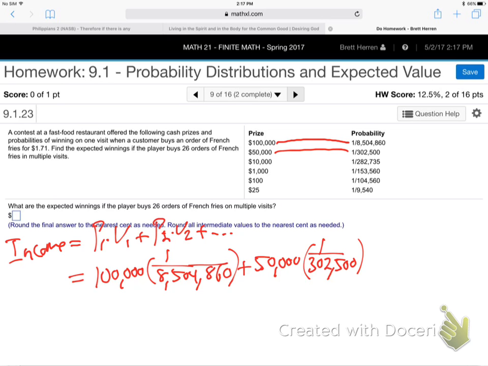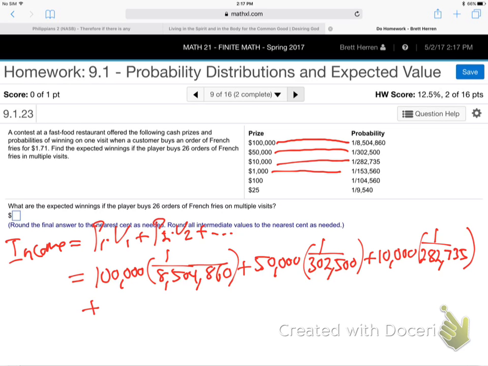Good so far? Plus 10,000 times 1 over 282,735. Is that on the screen? Yeah.